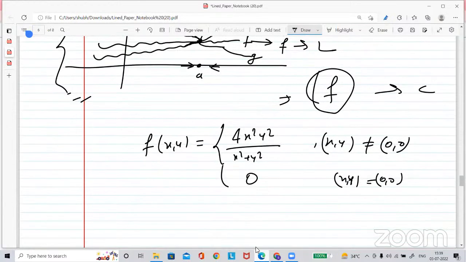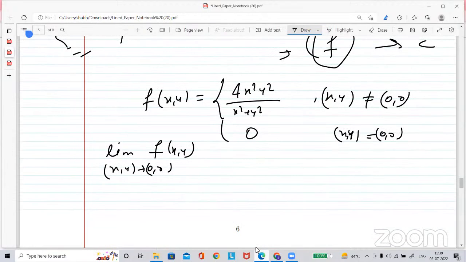Suppose we have this function and this question is asking what is the limit as (x, y) goes to (0, 0). So how do we find this limit? If you substitute (0, 0) here, you will get the 0 by 0 form.